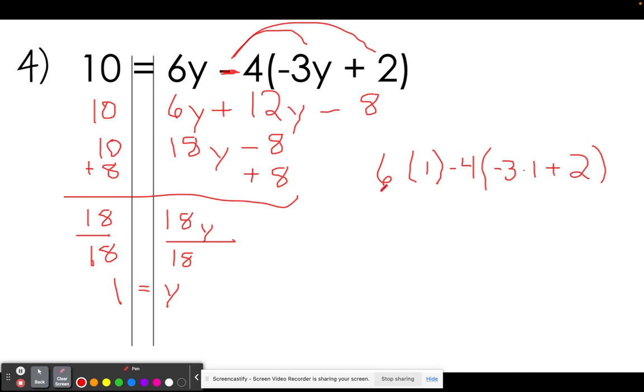Okay, so what do I have here? 6 times 1, that is 6, minus 4 times negative 3 times 1 is negative 3, plus 2. One thing I didn't mention, all of this should equal 10. That's what we're hoping for anyway. Well, negative 3 plus positive 2 will give me a negative 1.